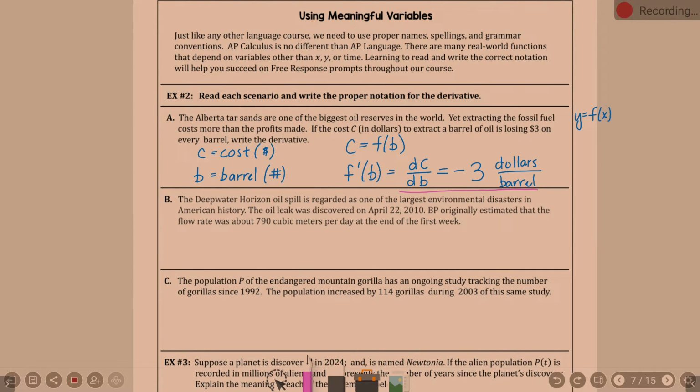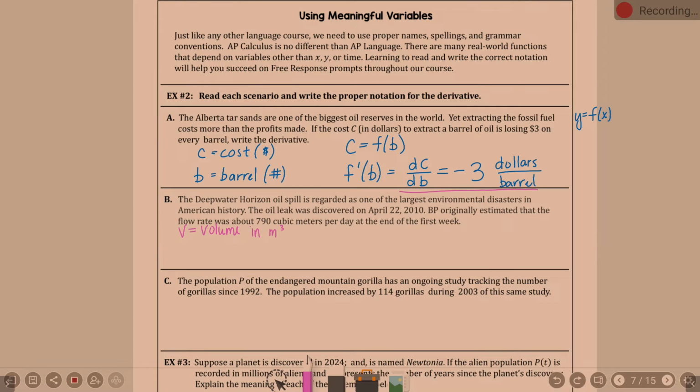What is meters cubed a label for? Cubic meters are volume, yes. So when we're talking about this flow rate, the oil leak, we're talking about the change in volume. So I am going to use V for volume, measured in cubic meters.